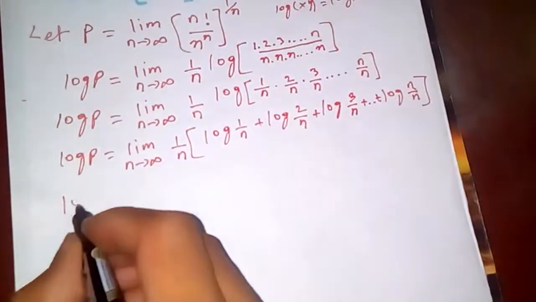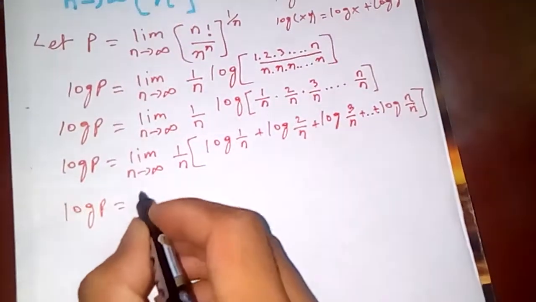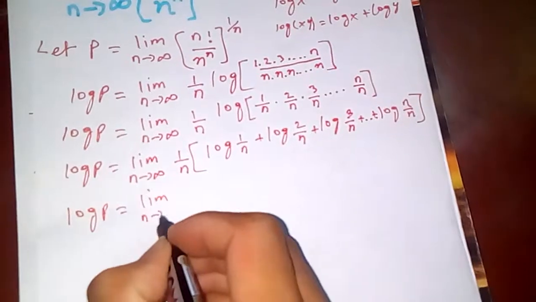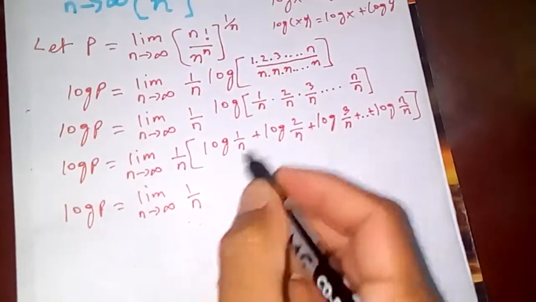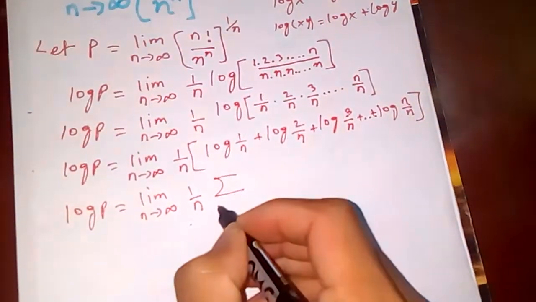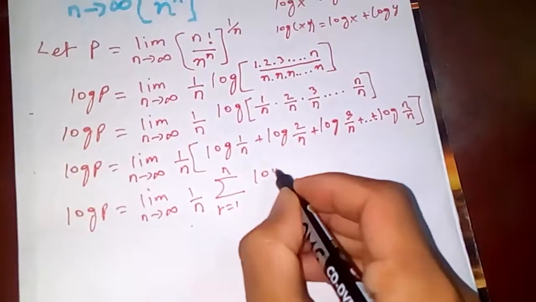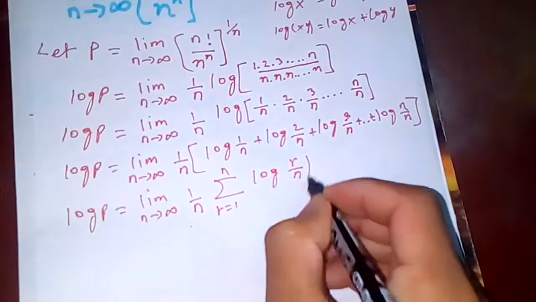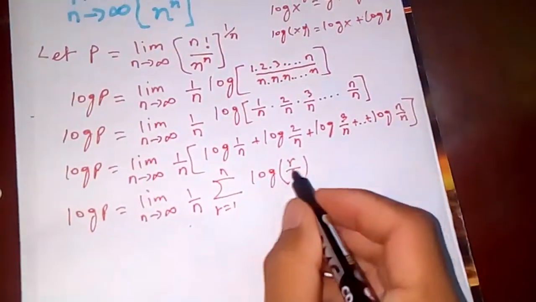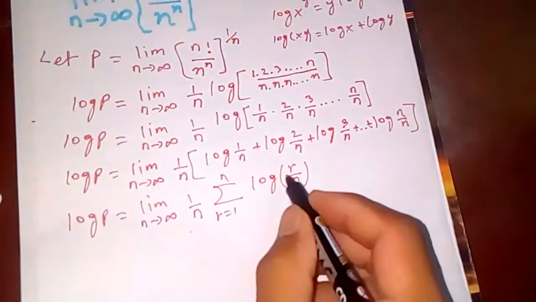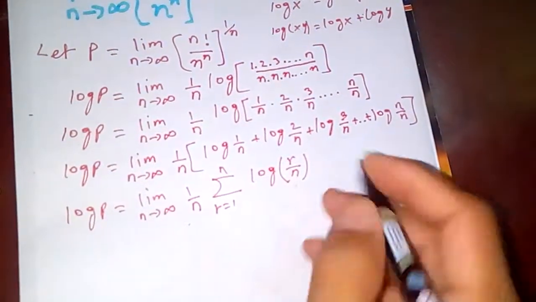Now let's find out the summation in terms of n terms. This one I can write as summation from r equal to 1 to n log of r by n. When you put r equal to 1 you get this, when r equal to 2 you get this one, summation.